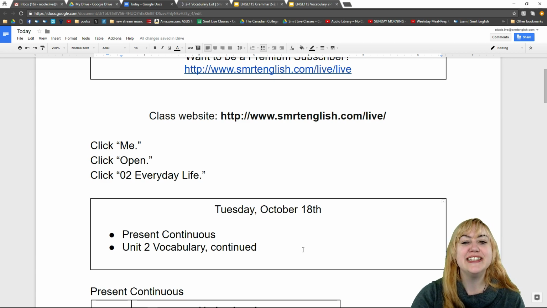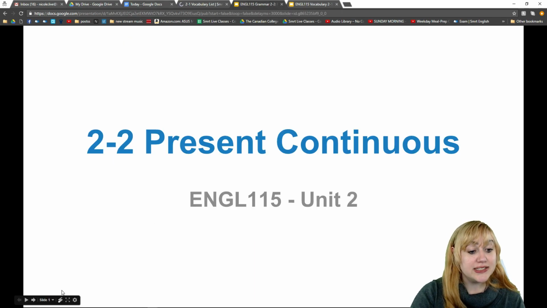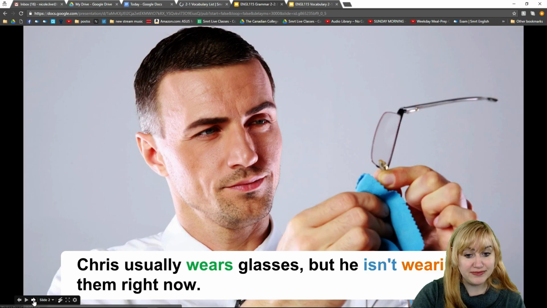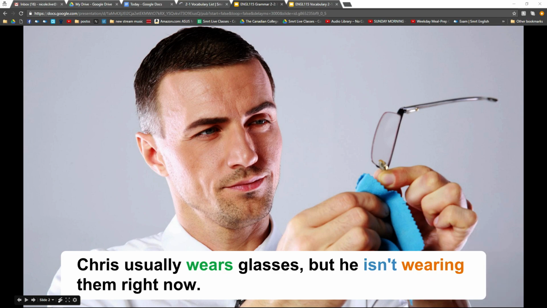Okay, so here we go for present continuous. Let's look at an example. Here's an example sentence. Let me just move my head, it's in the way. It says here, Chris usually wears glasses, but he isn't wearing them right now.